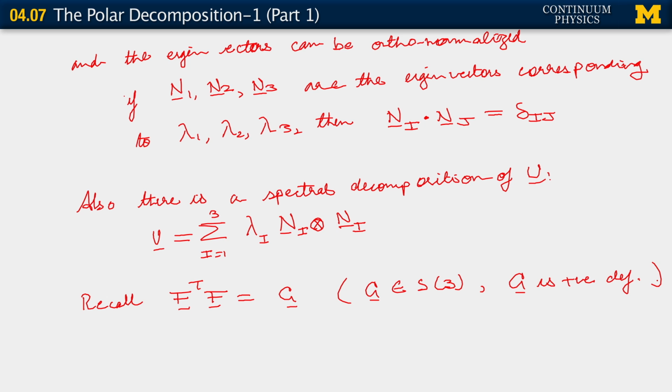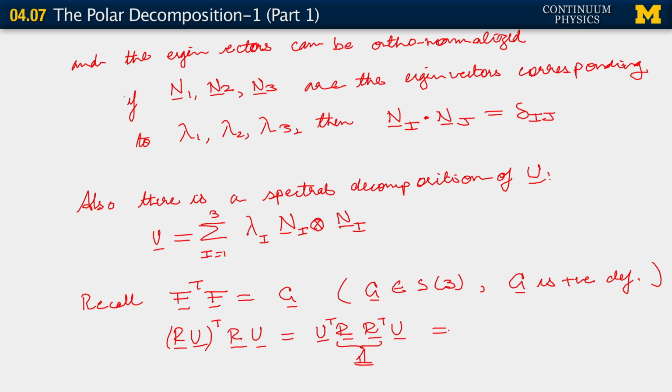Okay, if this is the case, let's now put in our assumption for the polar decomposition and see what this gives us. So our F transpose becomes RU, the whole transpose. F is just RU, which, using the fact that the transpose of a product is a product of the transposes but in the reverse order, we have this. But R is an orthogonal tensor, right? It belongs to SO3, which means that this product is the isotropic tensor.